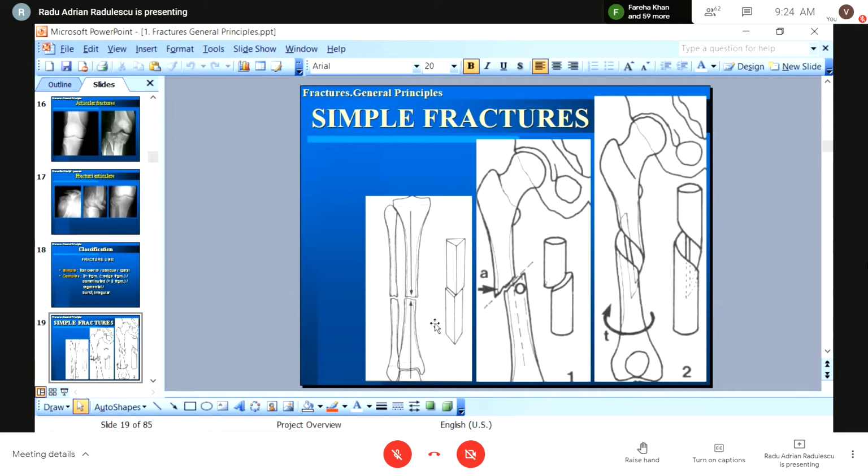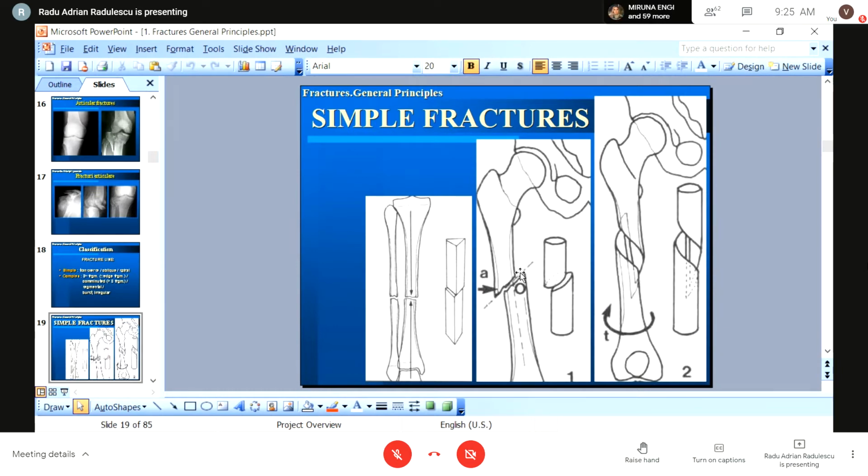Well, in opposition to this situation, we'll have the other two. In the middle, we'll see an oblique fracture line. Well, this one is not stable anymore, because like you can see here, if the patient is allowed weight bearing, then the fragments will slip one on another, and we may get secondary displacement of the fragments.